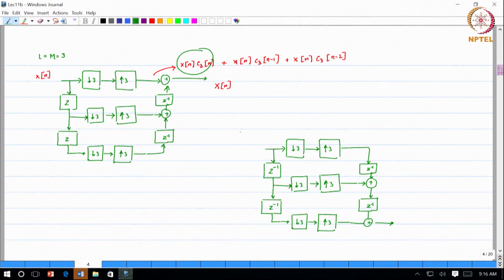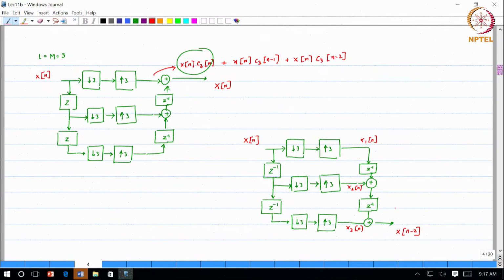Basically verify that if this input is x of n, you still get the interlacing property, all the 3 downsample sequences get properly interlaced, the output turns out to be x of n minus 2. Please do verify, probably it is helpful if you define a sequence x1 of n, define another sequence x2 of n and a third sequence x3 of n.